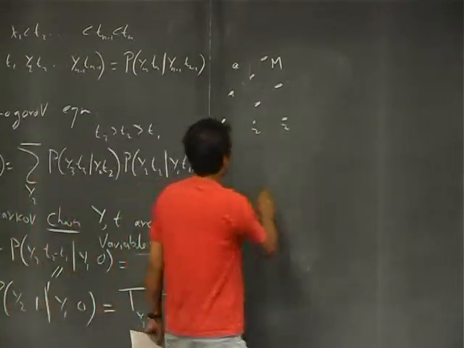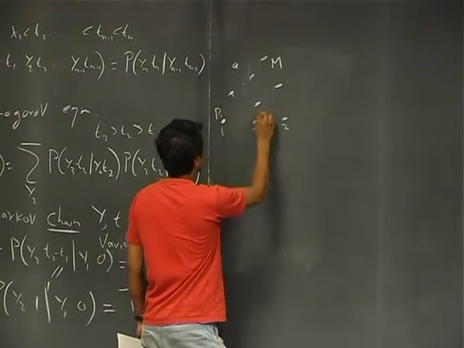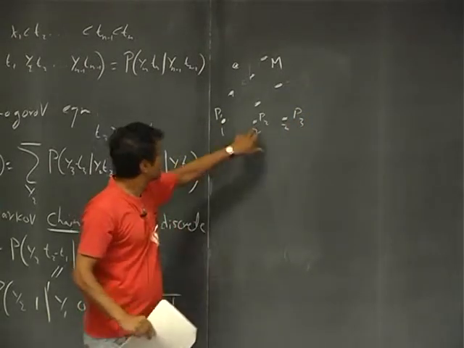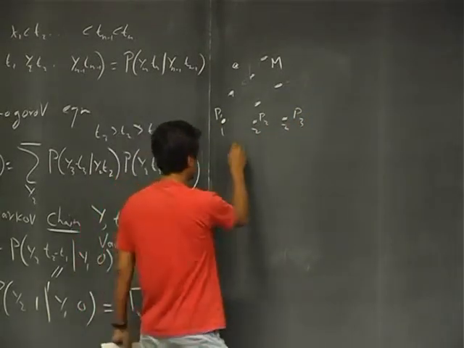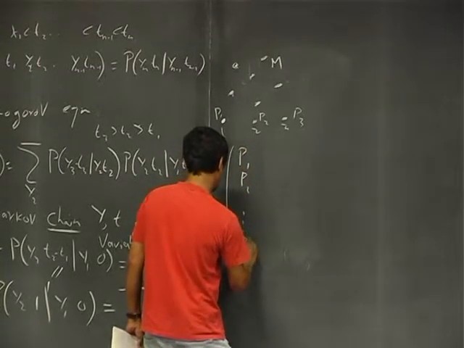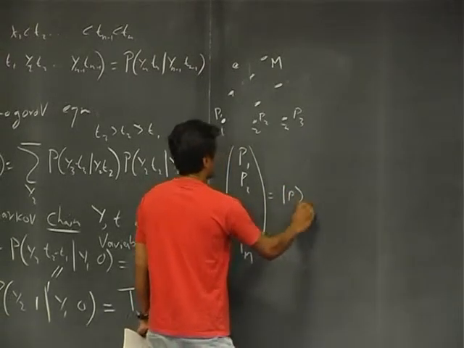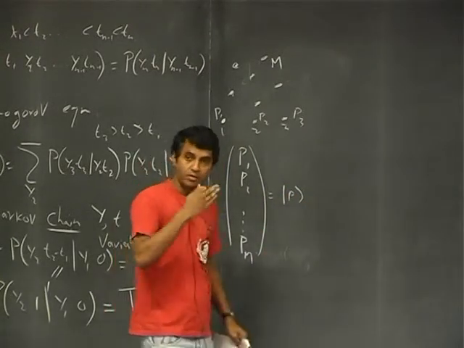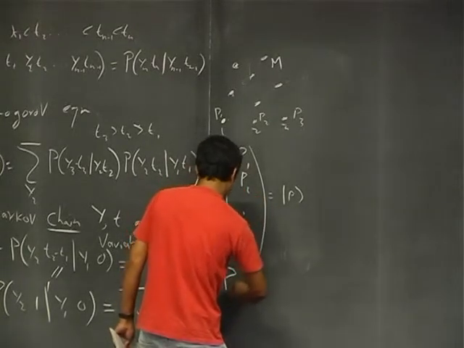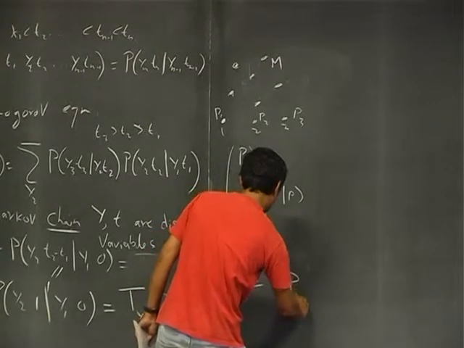Okay, and then you want to see, at each point you have some probability associated. So P1, P2. What's the probability that the system is in this state? What's the probability it's in this state, and so on. So you can construct a probability vector, which I call P. And the way this probability vector evolves in time is just through this equation: P n plus 1 is equal to T P n.